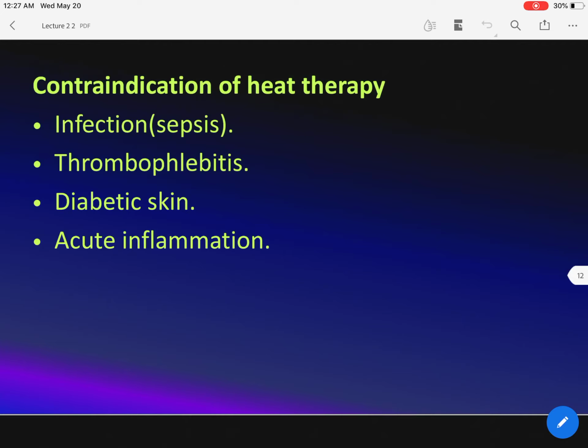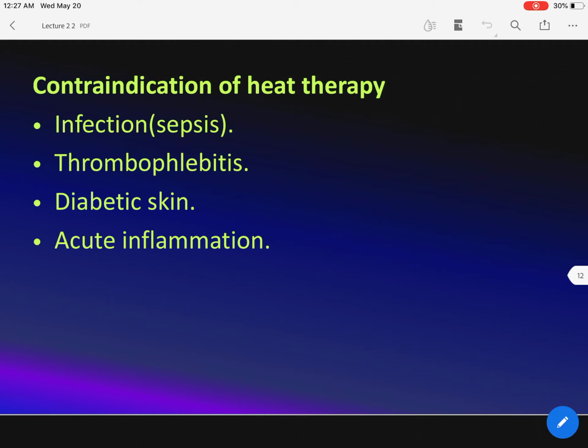There are contraindications for heat in general. Contraindications, it's very important for you. Muscle, skin, muscles around the joint: if we want to prescribe heat as a physiotherapist, we don't forget the following: infection, inflammation, thrombophlebitis, diabetic skin, sepsis, acute inflammation.